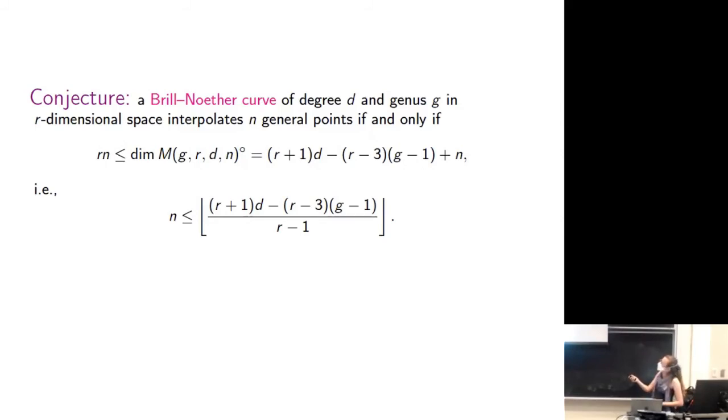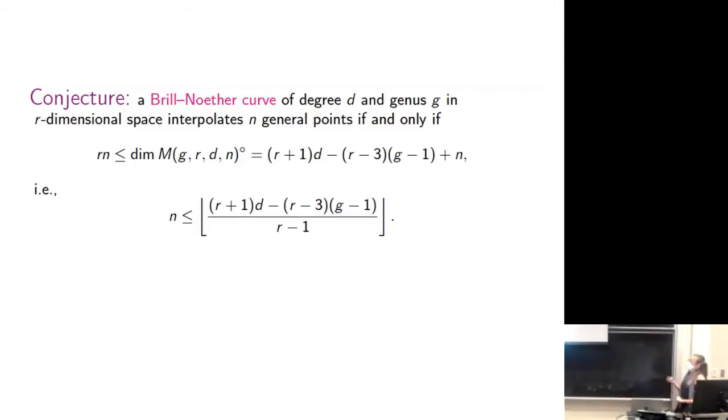The top space was this M_{g,r,d,n} circ, whose dimension is the dimension of M_{g,r,d}, which is this quantity here from the Brill-Noether theorem, plus n. So rearranging this n over to the other side, you see ((r+1)d minus (r-3)(g-1)) over (r-1) should be the maximum number of points. Everyone with me?